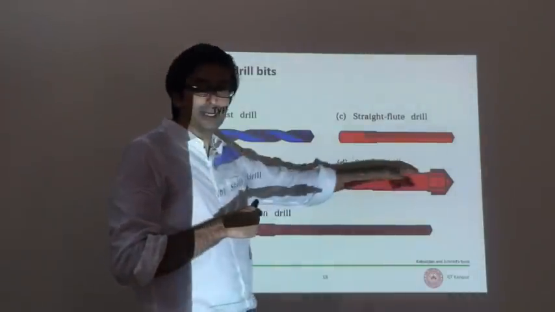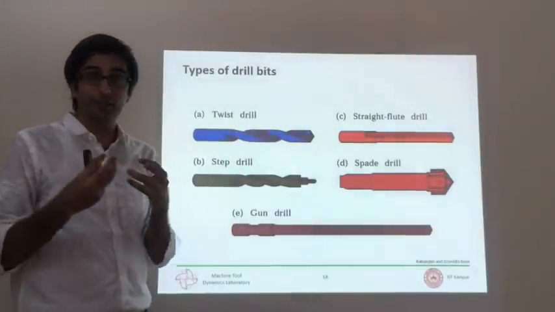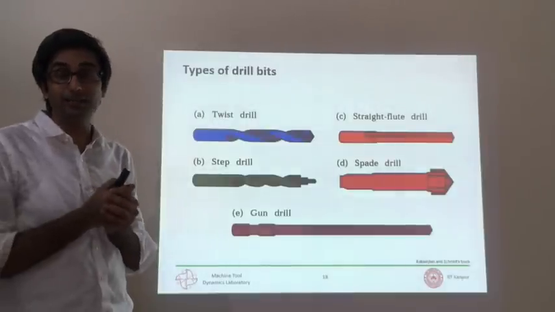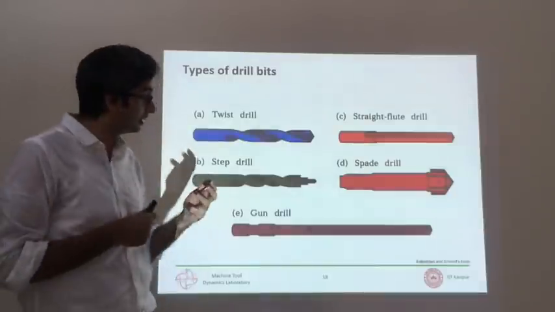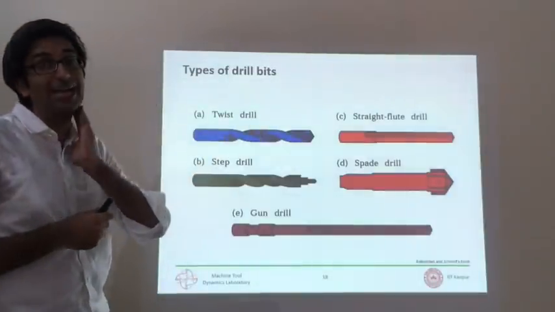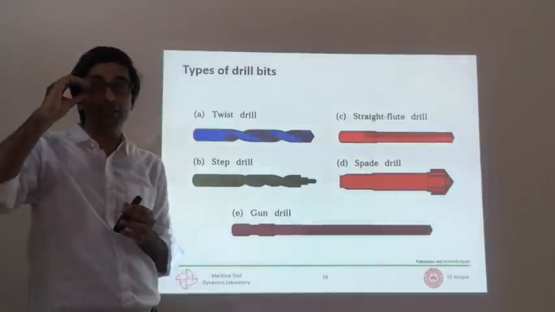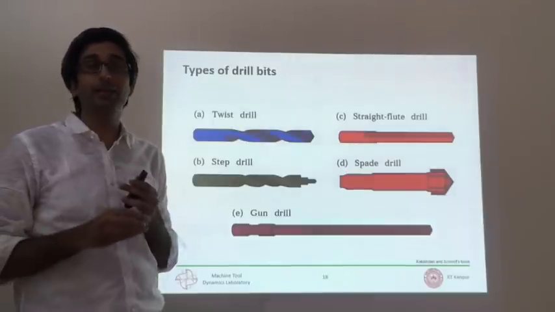A spade drill is something which we also like sometimes because all these are made of solid, mostly carbide. Carbide is this very high density hardness material which helps you cut other materials. They're also made of what is called high speed steel sometimes, which is a misnomer because high speed steel was the word given to it in 1907 or 1908.